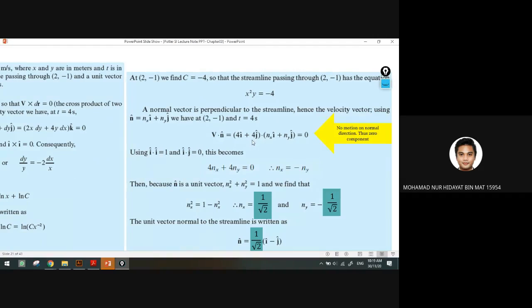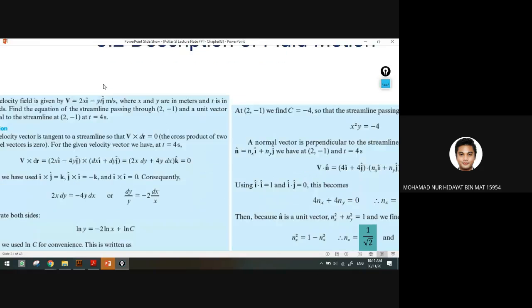Where do you get the 4? Remember, you substitute x in terms of this: 2 multiplied by 2 is 4. And then y given here is -1. Negative multiplied by -1 is +1, multiplied by time 4. That's why you get +4.